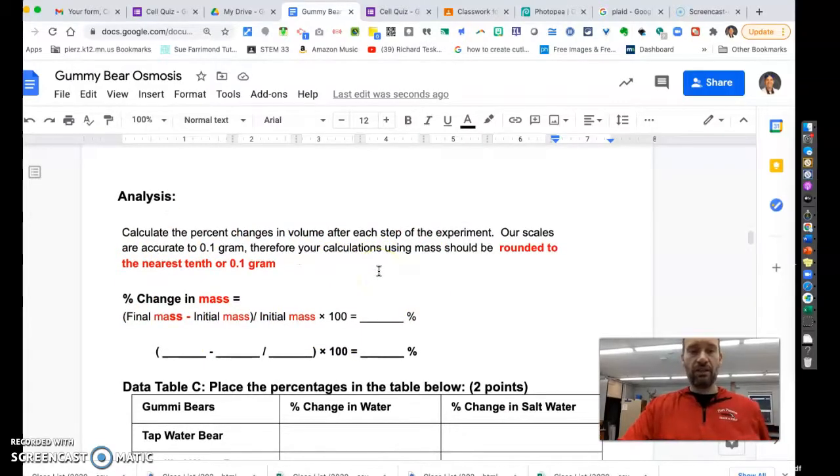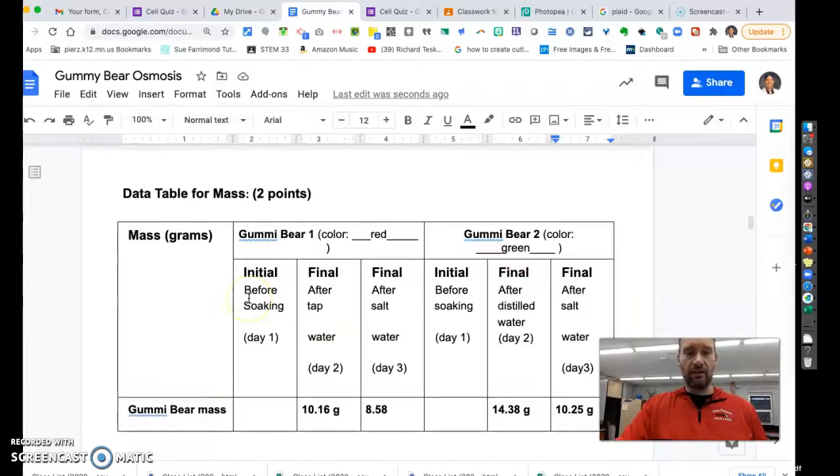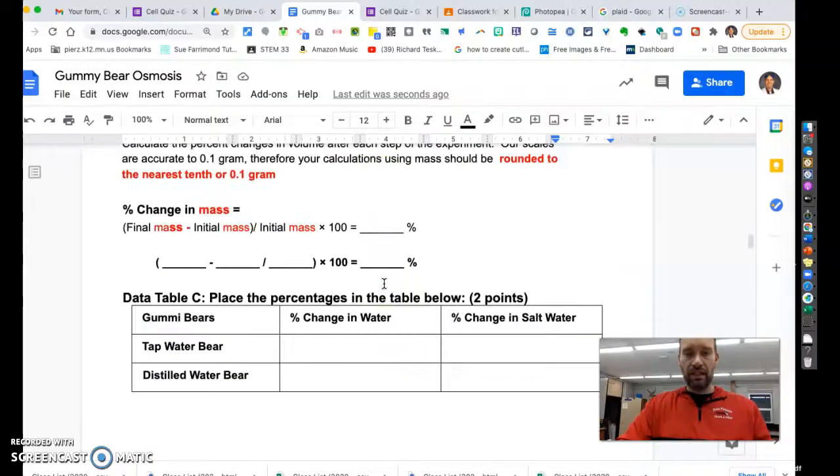And the best way to do this is you have to understand when I look at this, this is your initial, this is the start, here's the final. That's from day 1 to 2. Day 2 to 3, this becomes the initial, this becomes the final. And what we're going to do is figure out the percent change in water of the gummy bear. And I'm going to have a separate video for that because I think it'll take a little longer.